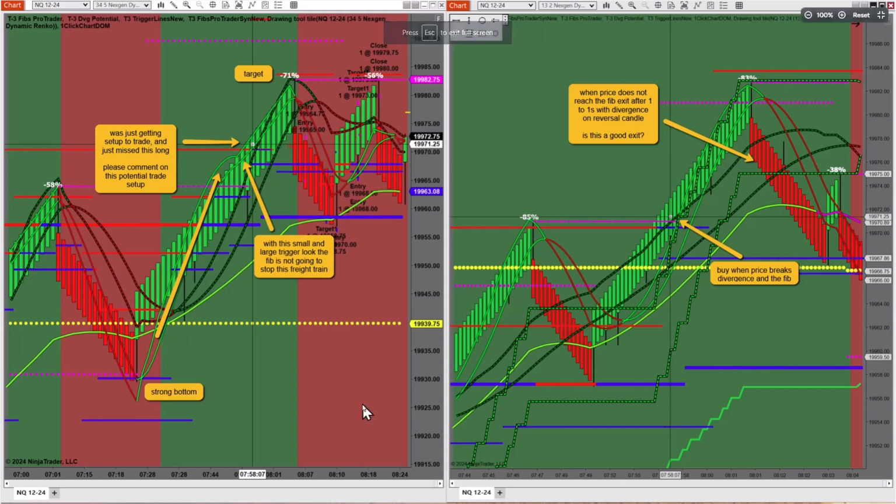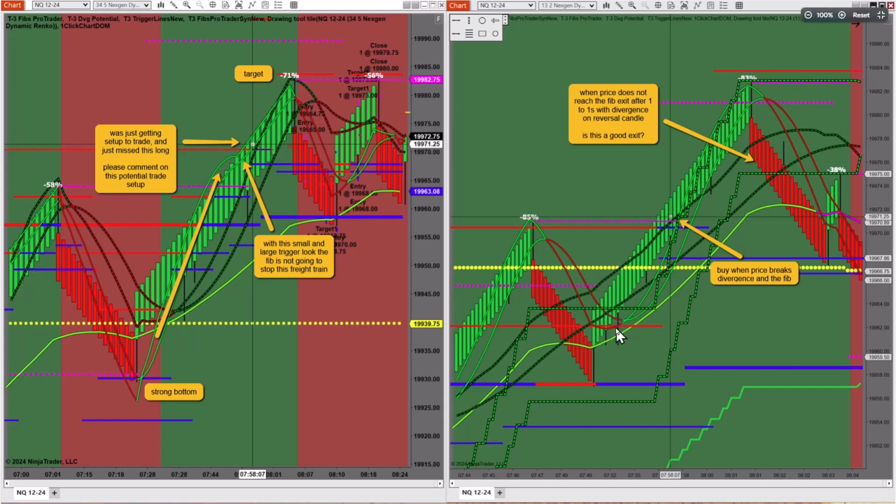All right, so let's see what you got. I was just getting a setup to trade, missed a long trade. Please comment on a potential setup. There is a potential setup, but it's down here at support with your large trigger, Steve, not up here. And it's a difficult one to do because you have divergence from fibs and one to ones, and it's just not the easiest one to do.